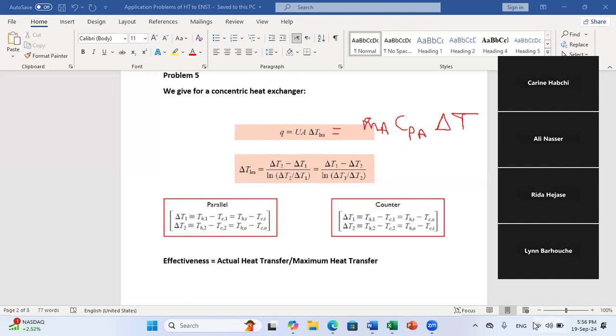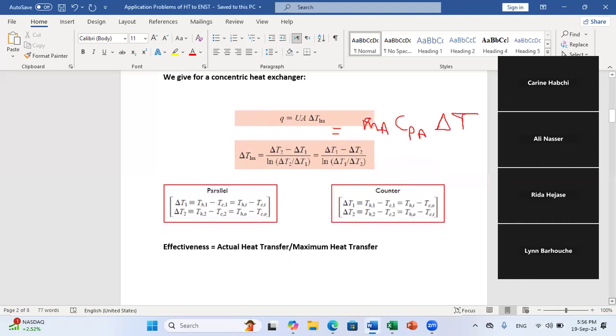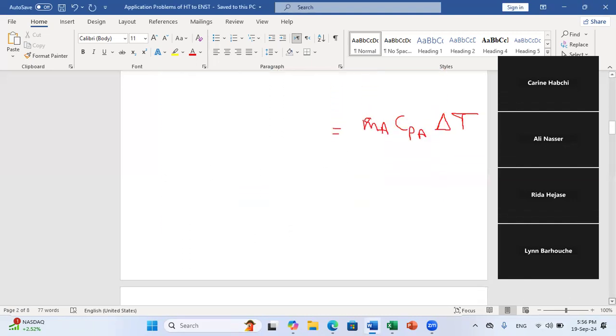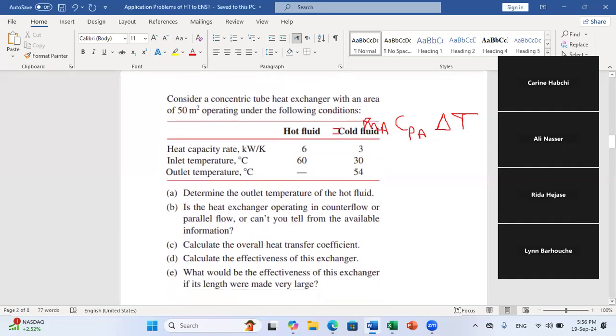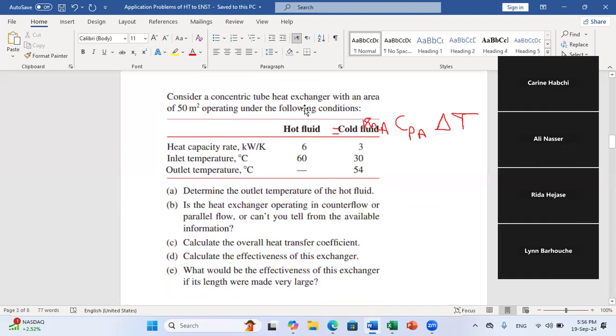So let us consider the following given. We have a concentric tube heat exchanger with an area of 50 meters squared of heat exchange operating under the following condition. So we have two fluids, as we mentioned, a hot fluid and a cold fluid, and they gave us the properties needed for calculation.